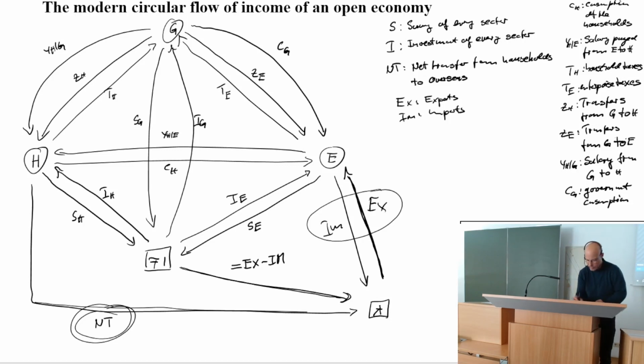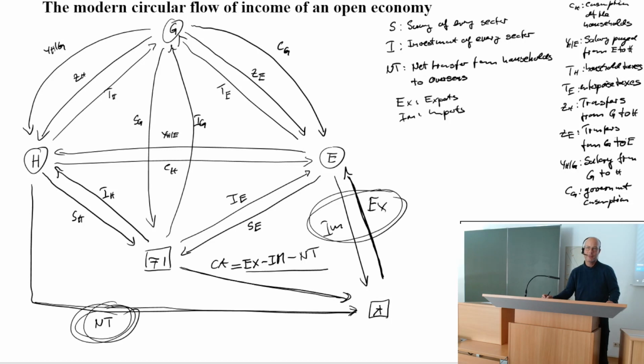This is also going into overseas. So we also have to subtract the net transfers, so that this parameter then matches this, and this we call the capital account of our country.